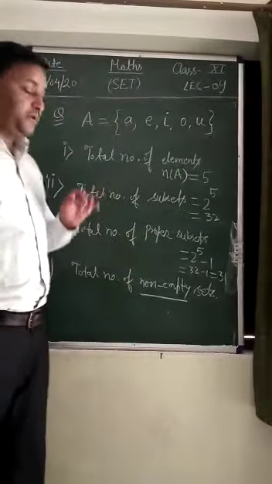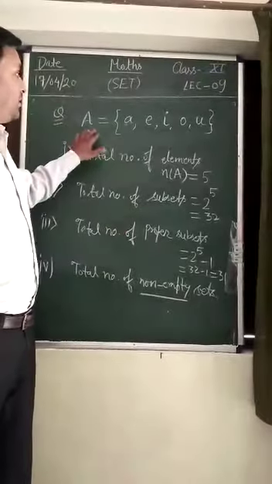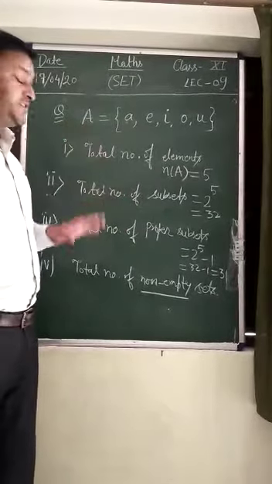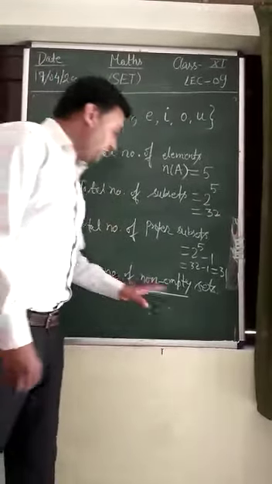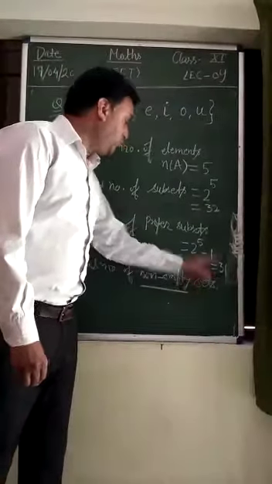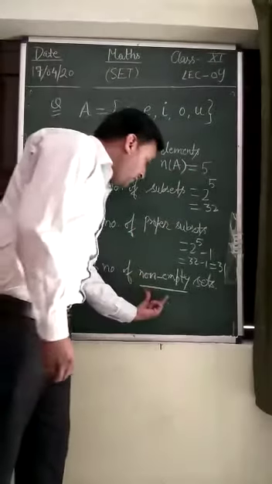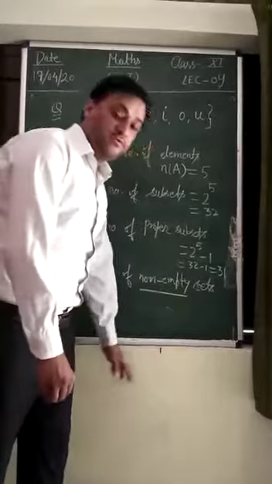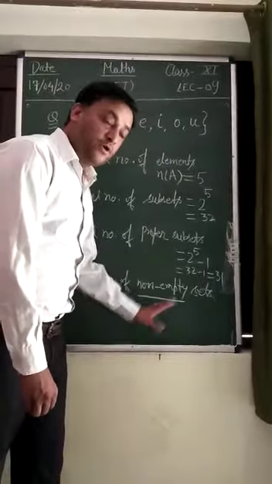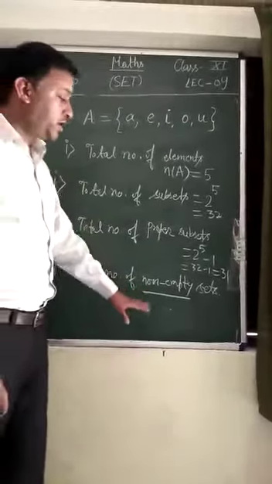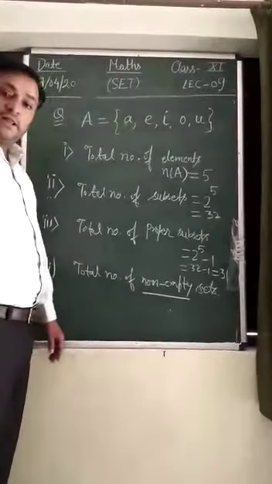There is only one empty set among the subsets of this set. There is only one subset which is empty. So you remove this one set. This time you do not remove the whole set as in proper subsets; you remove the empty set, because we want non-empty sets which contain a minimum of one element. So you remove this set out of the total subsets.